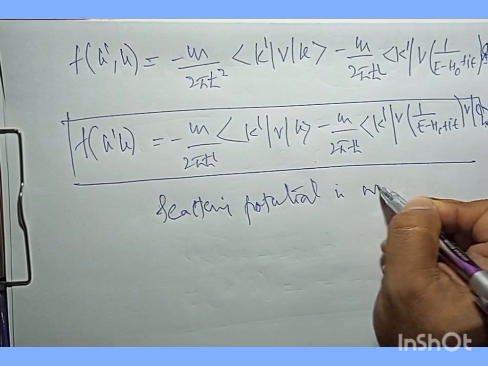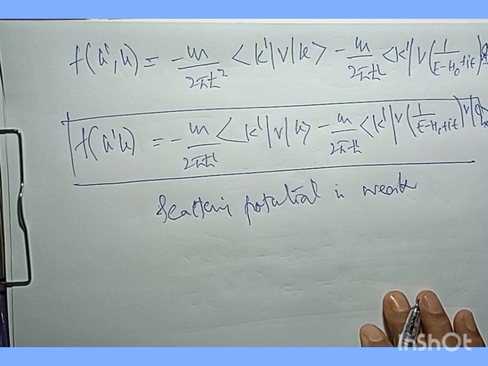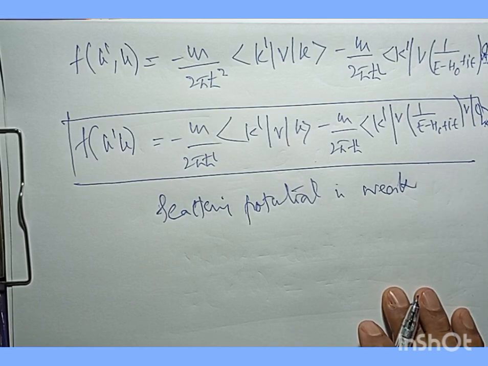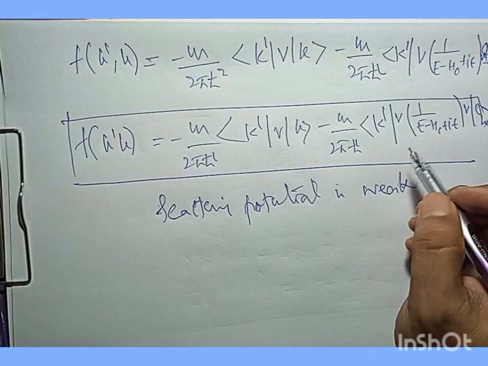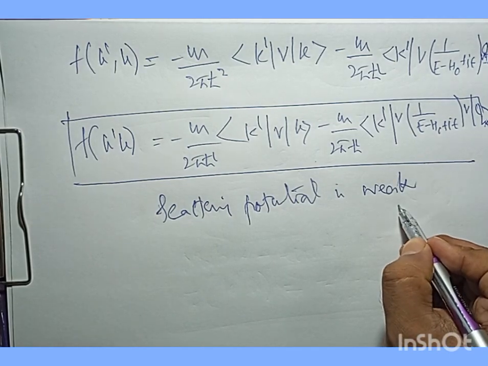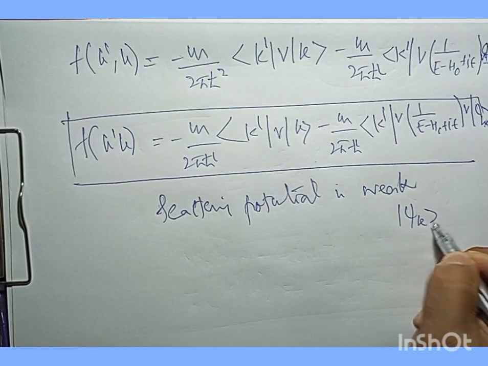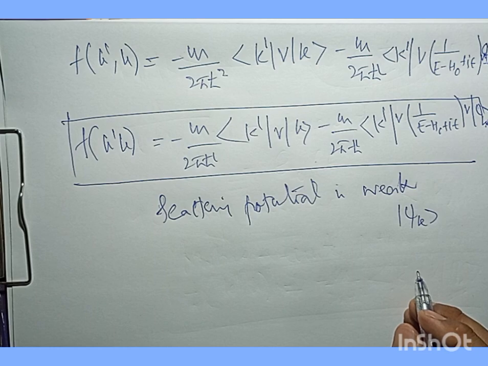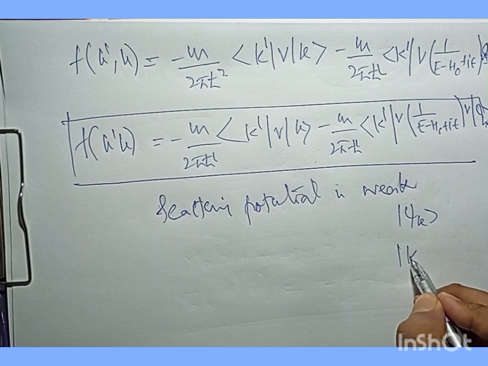If it is weak enough, we can neglect the multiple scattering events. This means that we can replace the exact scattering state psi of k by the free plane wave state k.